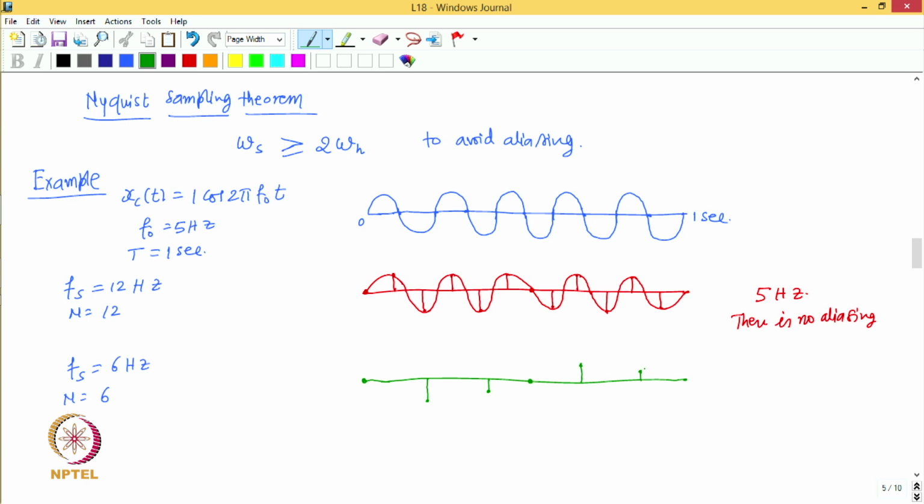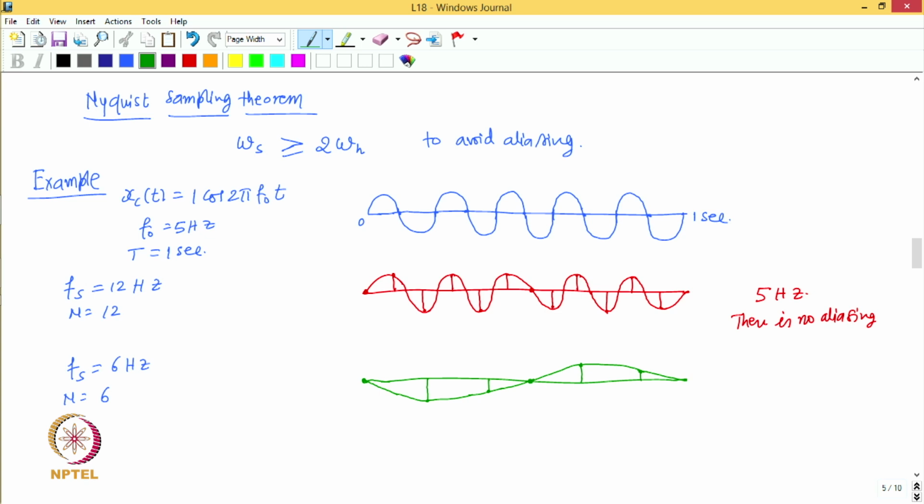So, this makes 6 samples, and let us try to reconstruct the signal based on these discrete samples. Let us join the samples by a smooth curve. So these are 6 samples, and then the first sample of the next period also we can join. So if we join the first sample, then this is here.